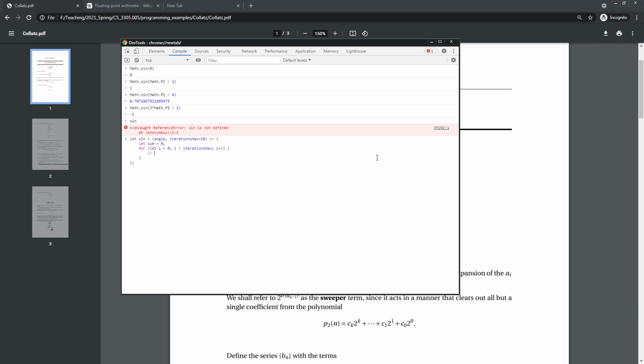Okay, so if you recall, sine of x is equal to x minus x cubed over 3 factorial plus x to the 5 over 5 factorial minus x to the 7 over 7 factorial, and so forth.